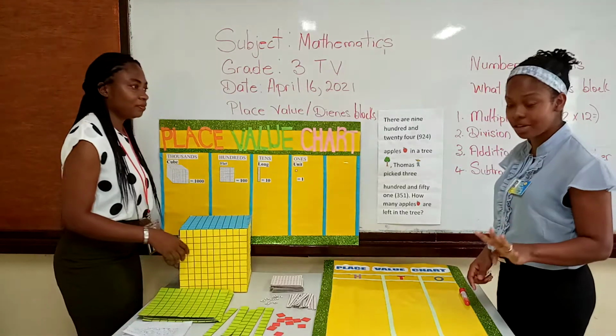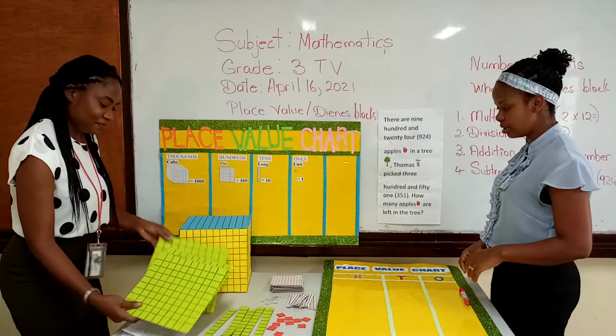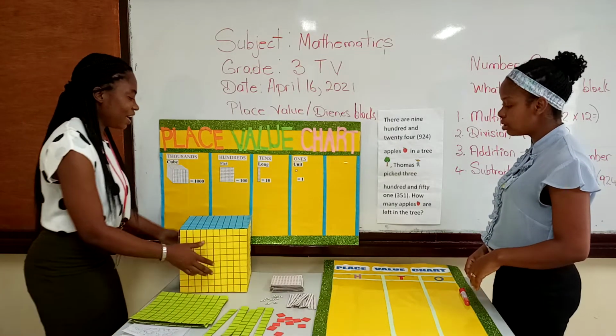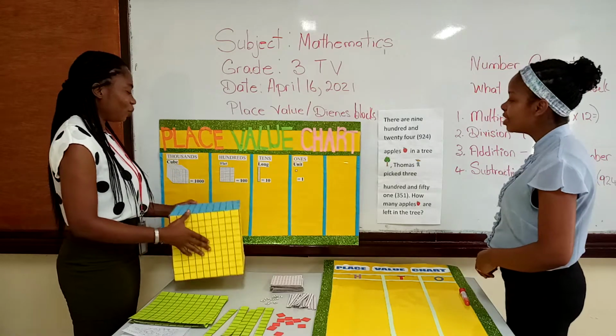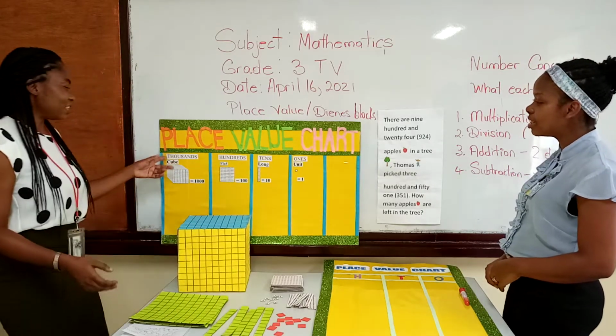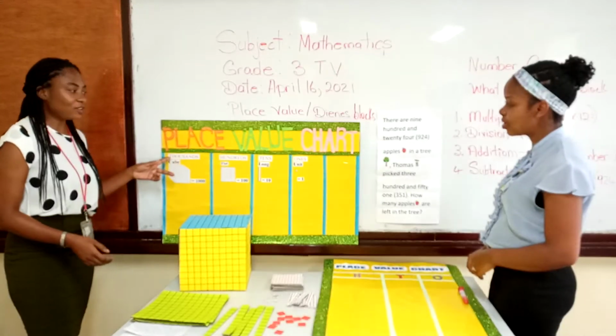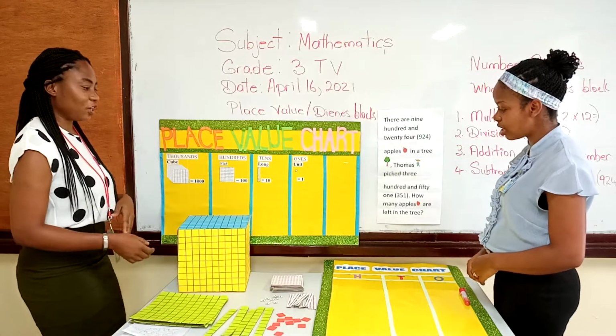And we have 3 of these flats. And then finally we have our cube, and our cube represents the 1,000 place on our place value chart.